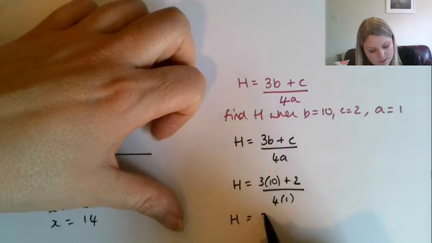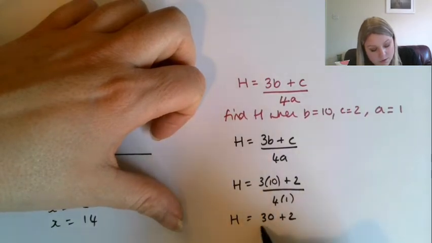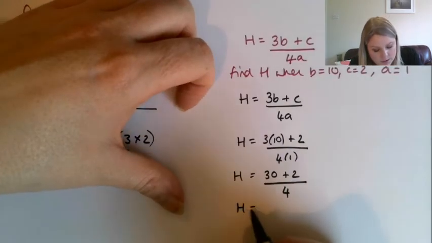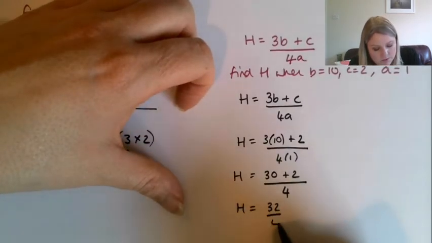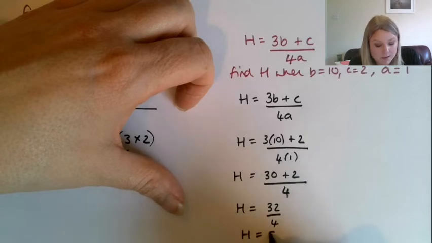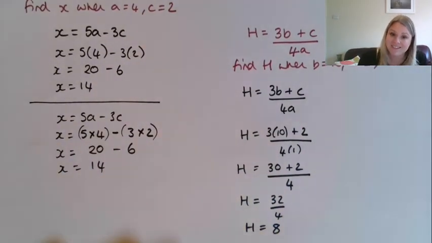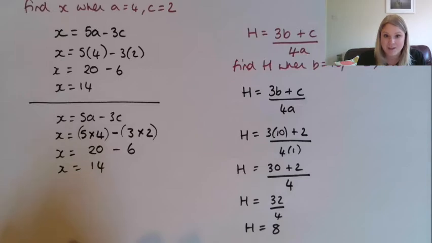So 3 multiplied by 10 is 30, plus 2, all divided by 4. So h equals 32 over 4. Oh, works out nicely. It's not like one of my normal examples. Gives us 8.